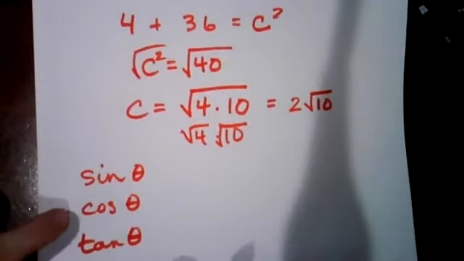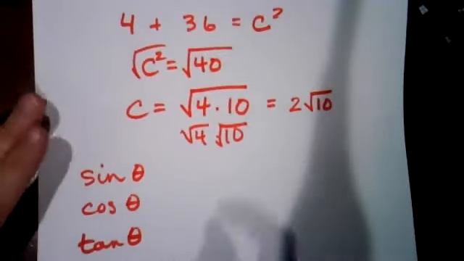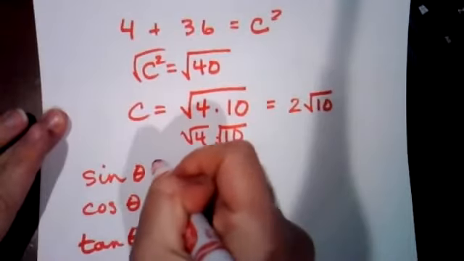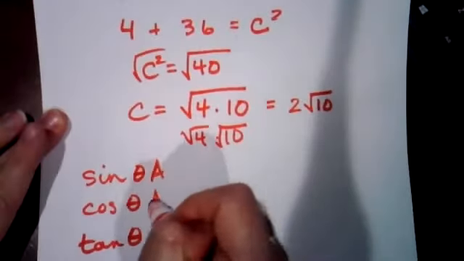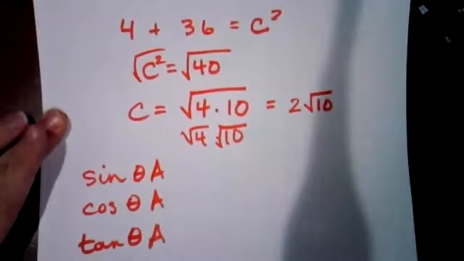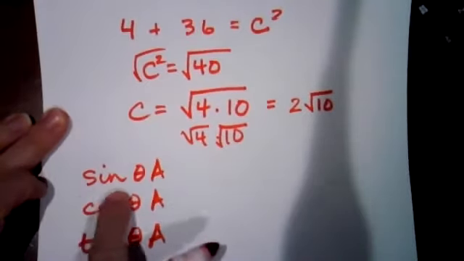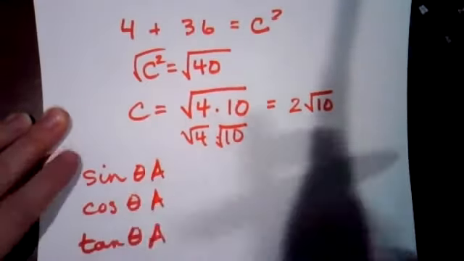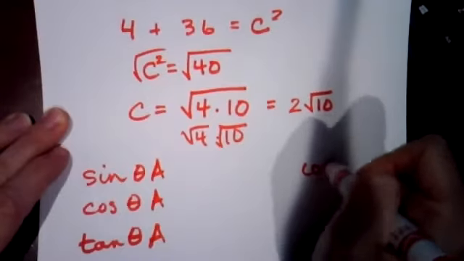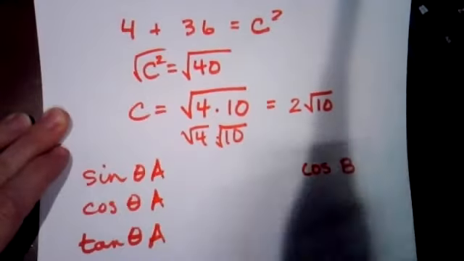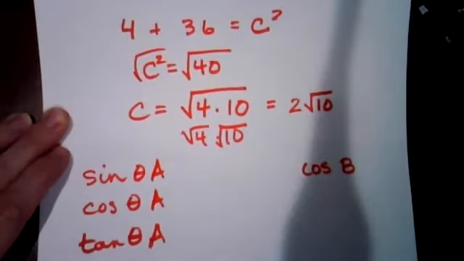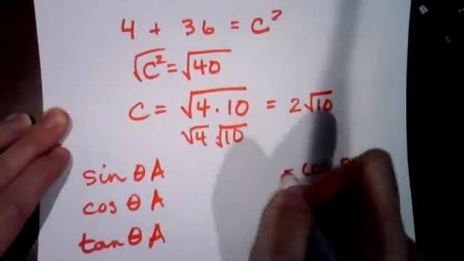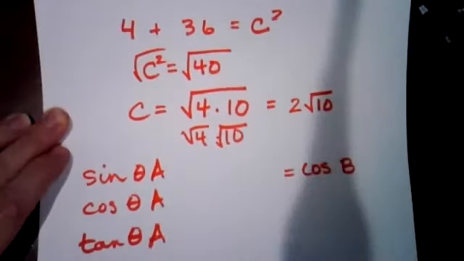All right, so we have sine theta. What I was trying to say before is, let's say, for instance, we said theta was A. When theta is A, the sine of A is going to be the same as cosine of B. And so we're really not going to have to solve for that, because we're just going to say that it's equal to.